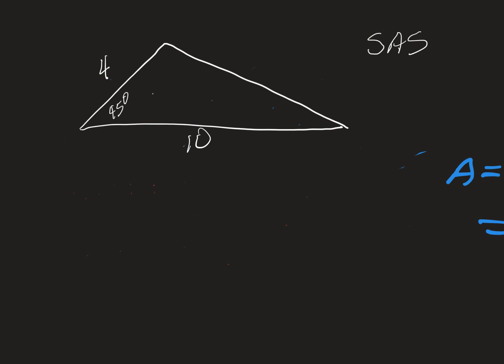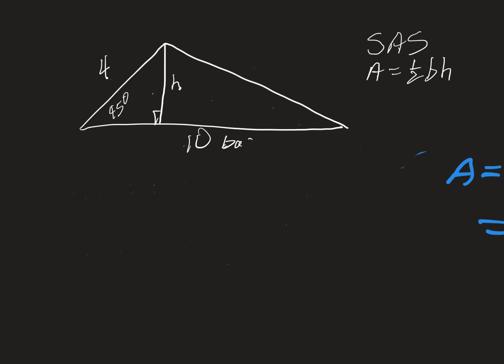What I want to do is find the length of the altitude, in other words, the height of this triangle, because I know area is equal to 1/2 the base times the height. Now, I already have a base right here.